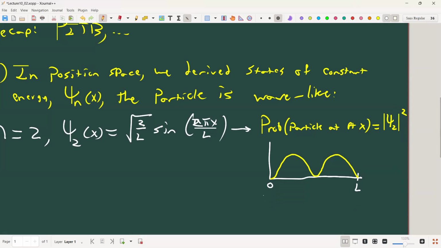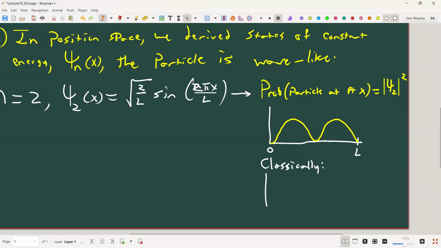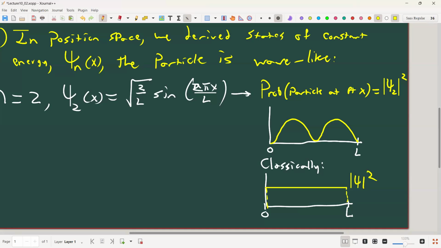Classically, if we were to ask the same question for a classical billiard ball bouncing between our walls at some kinetic energy, the billiard ball would have a flat top distribution, because for something moving randomly in a box, just a normal particle, there's no bias where it is. It can be anywhere. That's the whole point of an ideal gas.